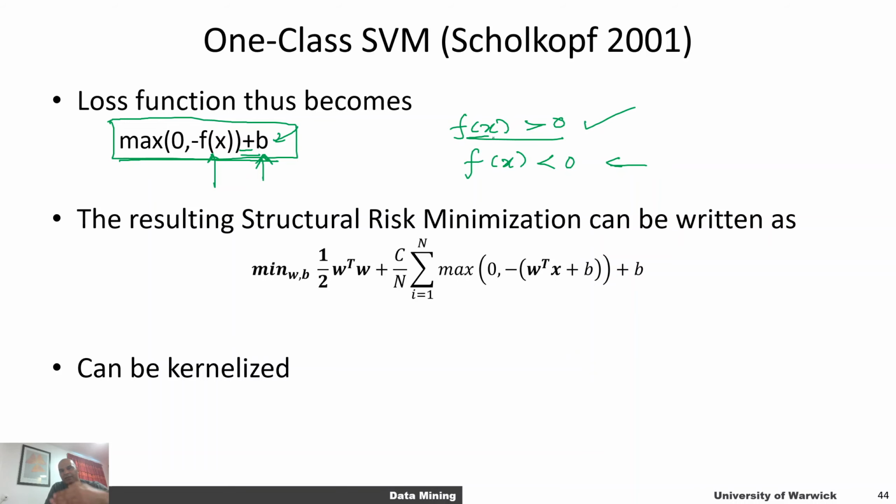So there are target class examples below the line. And what we do then is simply sum up the losses of all the training examples that you can see. And then we have our good old regularization term that is given over here. And the good thing about this is that it can be kernelized as well, and it can lead to really good solutions. So this is the one class support vector machine that you can go ahead and use.